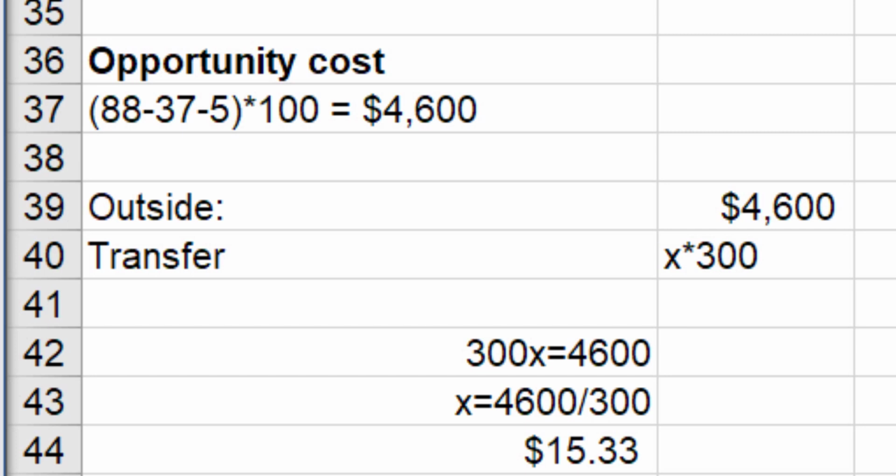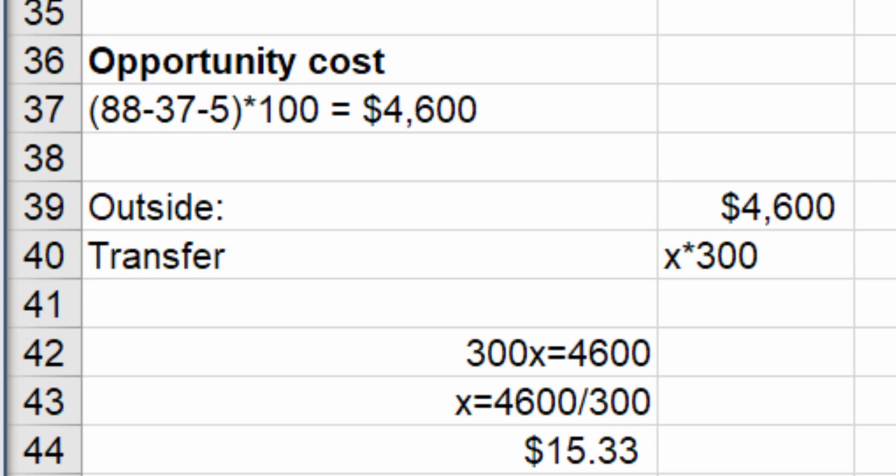Said another way, if we were to take on this special order, the maximum number of units we could sell in the open market would now be 1,700 as opposed to 1,800. What are we giving up in that case? Well, we would be making $46 per unit, and we've seen that in some of the previous questions, so I won't dwell on that, but we would be giving up $46 per unit times 100 units, and that gives you $4,600. $4,600 divided by the 300 units on the special order gives you $15.33 per unit as an opportunity cost.